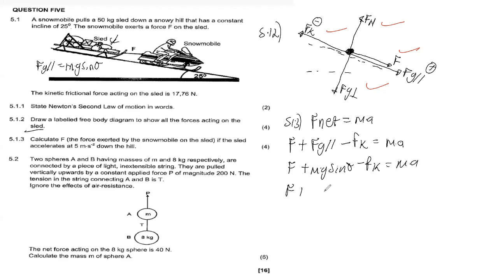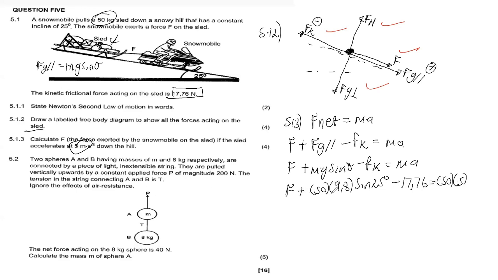We do not have the force, but we do have the mass of the sled. We are told that it is 50 kg. So that's 50 multiplied by 9.8, and then sine 25 degrees minus, remember we are told that the kinetic frictional force acting on the sled is 17.76. Then we have 17.76 here. The mass again is 50, but multiplied by the acceleration of 5 meters per second squared. Then let's multiply that.